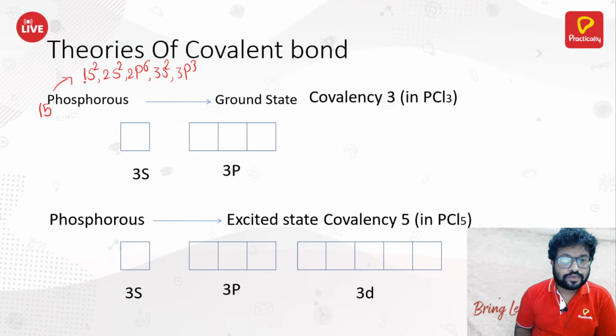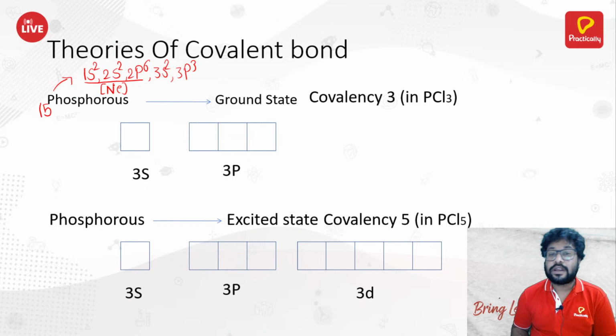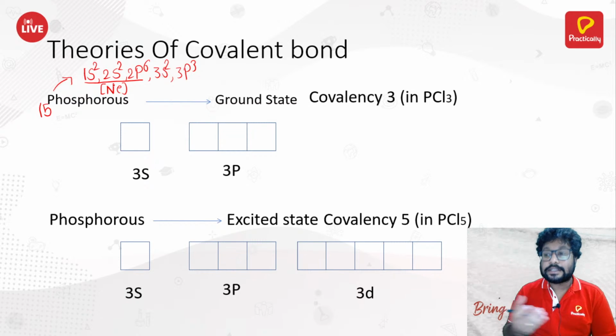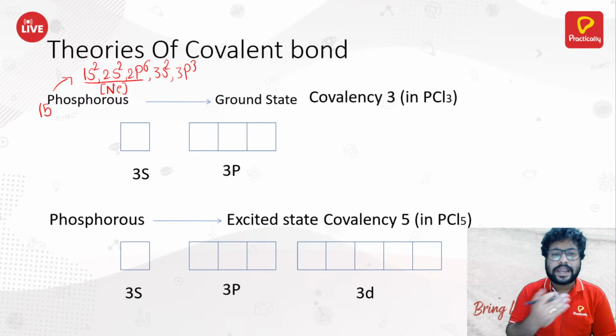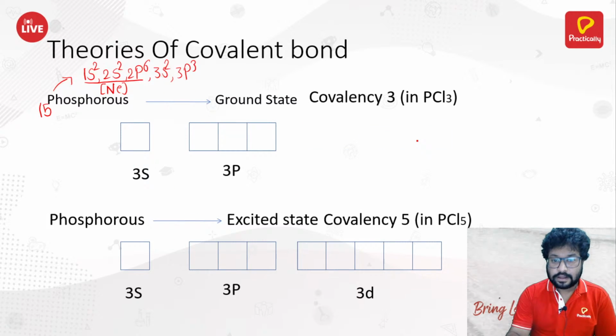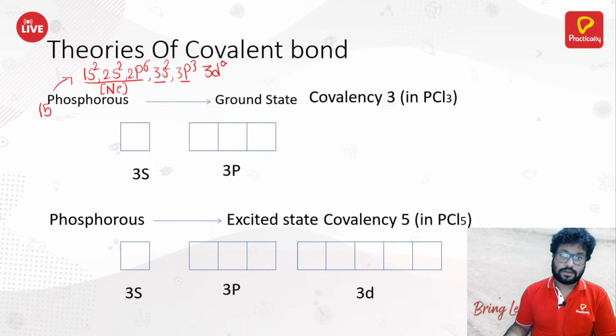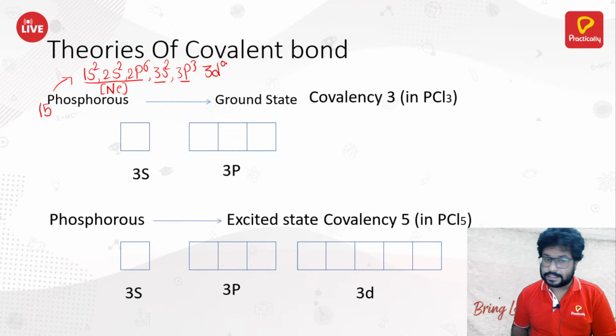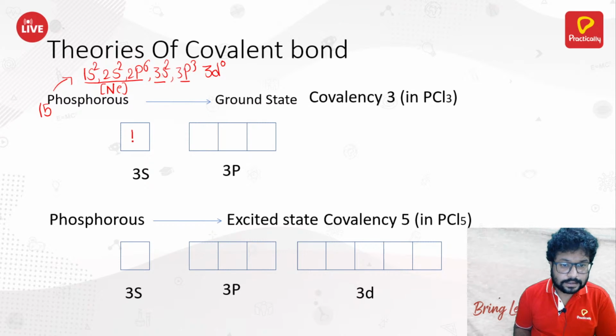The 1s2, 2s2, 2p6 are equal to neon, that is 10 electrons, and that neon acts as an inert shell, so it will not be involved in bonding. The bonding will involve only the outer shell, also called the valence shell: 3s2, 3p3, 3d0. So you have 2 electrons in 3s and 3 electrons in 3p.